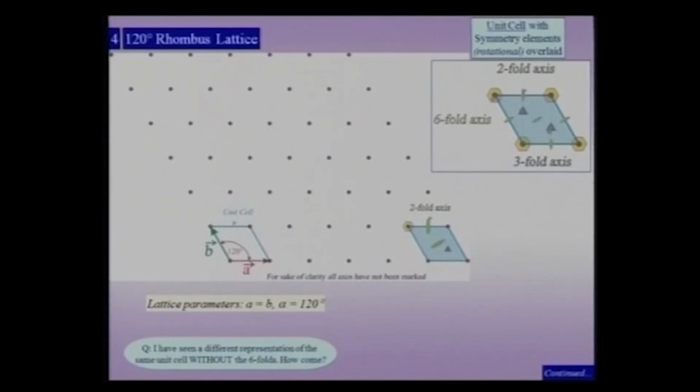An important question which we asked is that there are sometimes representations of the rhombus lattice without the 6-folds. How is this possible? We will answer this question in some detail a little later. We had pointed out the shortest lattice translation vector was along the diagonal of the rhombus unit cell, which has a length of A plus B vectorially added.